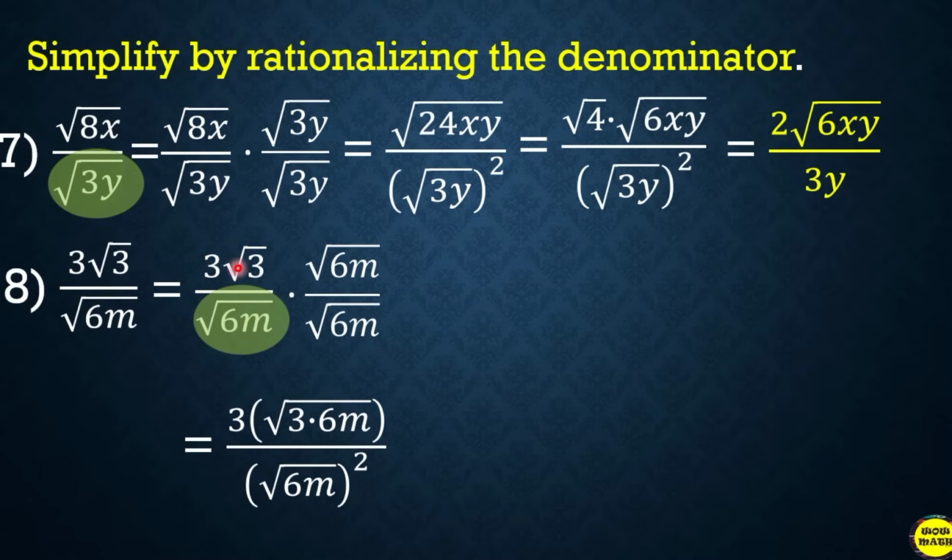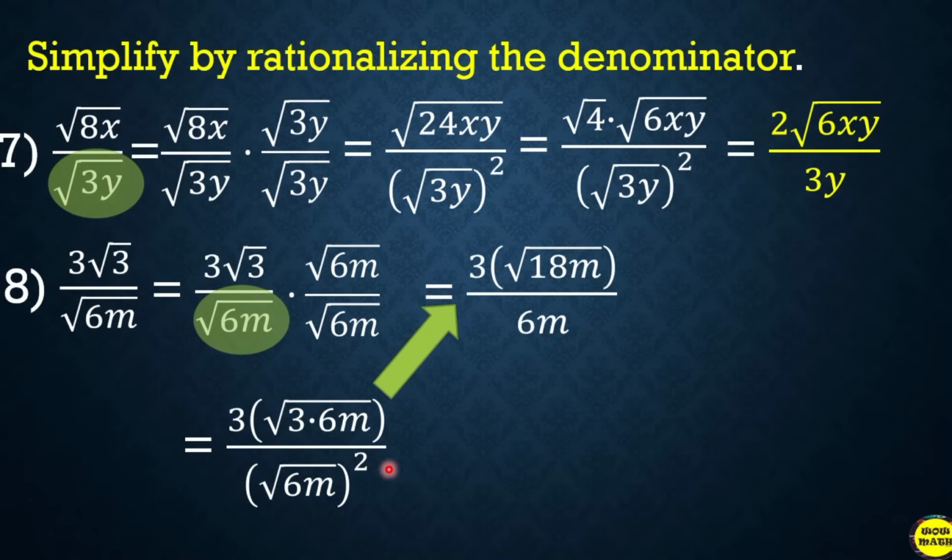And then, imultiply natin itong nasa loob ng radical natin, ng radicand sign natin, no? 3 times 6m. Ito yon. Okay? So, nilagyan lang natin ng parenthesis para hindi halo-halo. And the answer is, that is the square root of 6m squared. Okay? After that, so 3 times square root of 3 times 6, that is 18m over 6m.